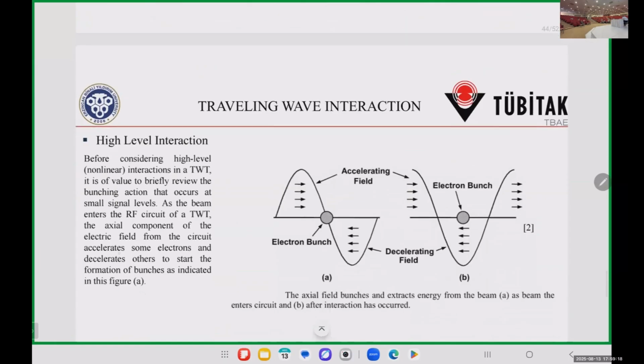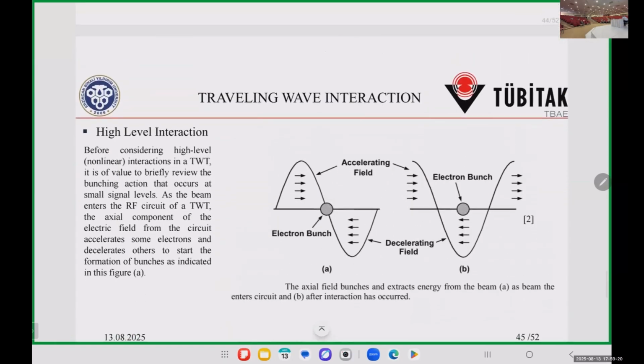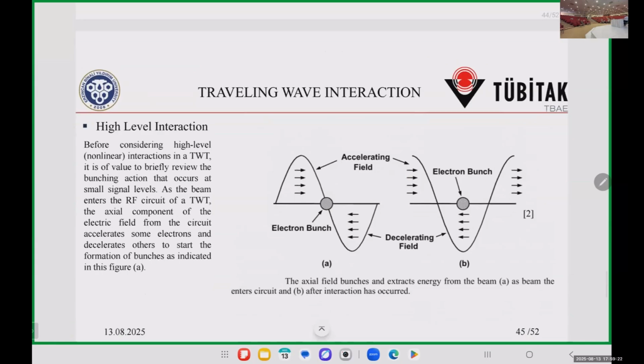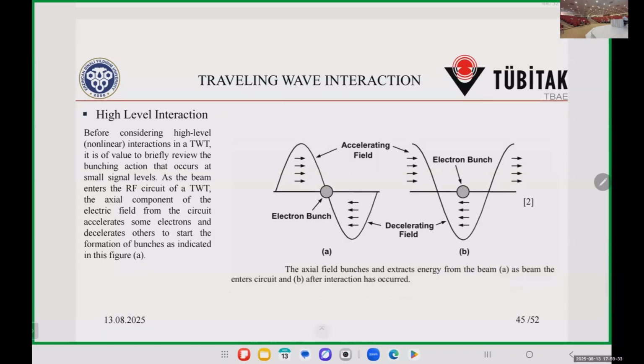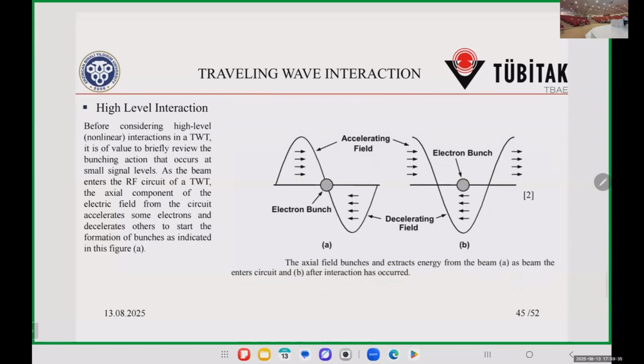Yes. So this is the last section. We can say here high level interaction. Before this, we can explain electron bunching here. As the beam enters the RF circuit of the TWT, the axial component of the electric field from the circuit accelerates some electrons and decelerates others to start the formation of bunches, as indicated in this figure.